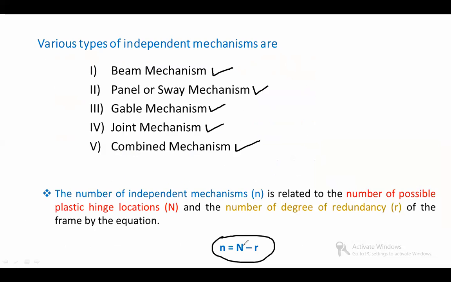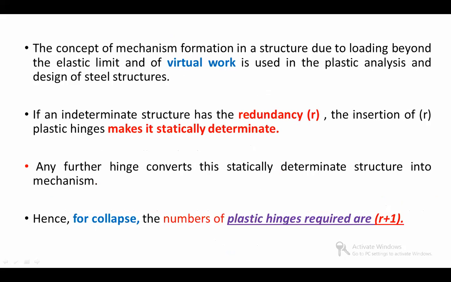Small n is equal to capital N minus R. Capital N is nothing but the possible locations of plastic hinges. And what is R? Degree of static indeterminacy. So what is small n? How many independent mechanisms there are, that we have to find out depending upon the value of capital N and small r, right? So as you know, number of plastic hinges is equal to R plus 1.